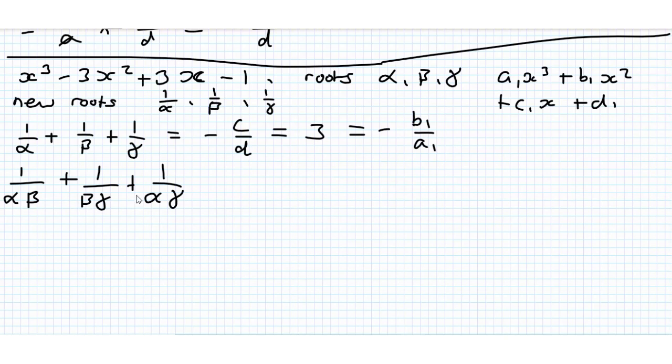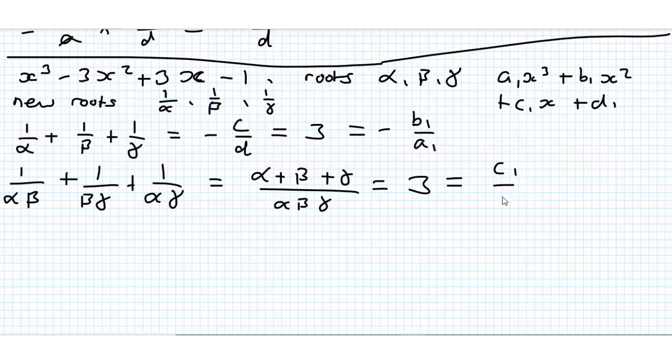Combining the fractions in a similar way as before gives us alpha plus beta plus gamma over alpha beta gamma, and this is equal to minus b over a times minus a over d, which is equal to b over d, which is minus 3 over minus 1, so that's 3. And because this is the sum of the pairs, it is equal in our new coefficients to c1 over a1.